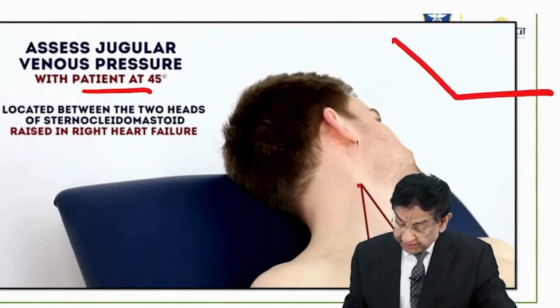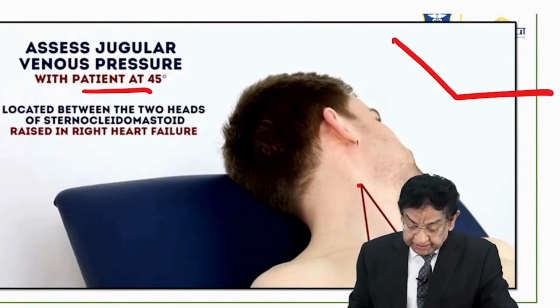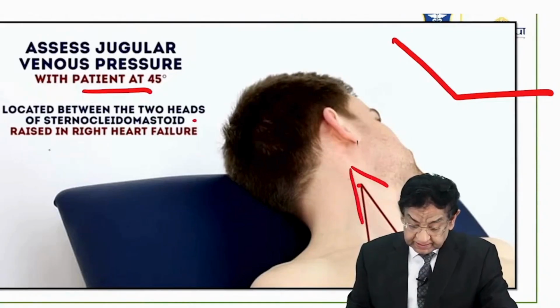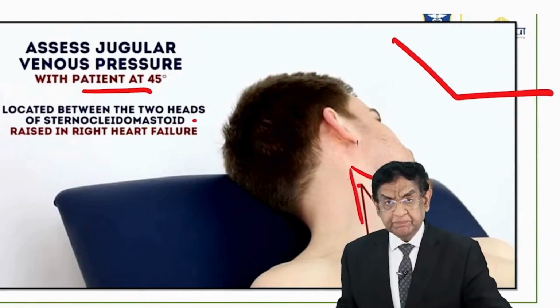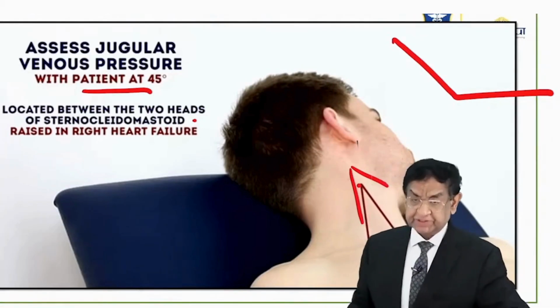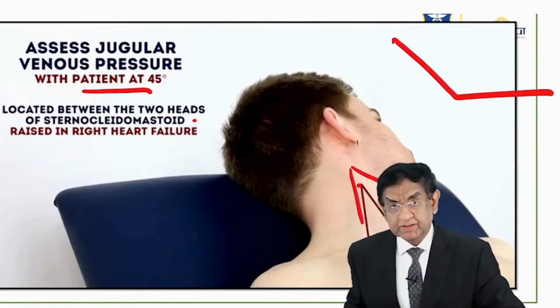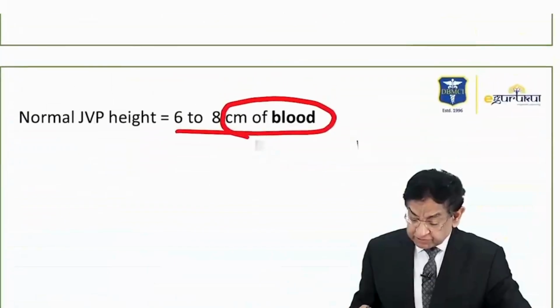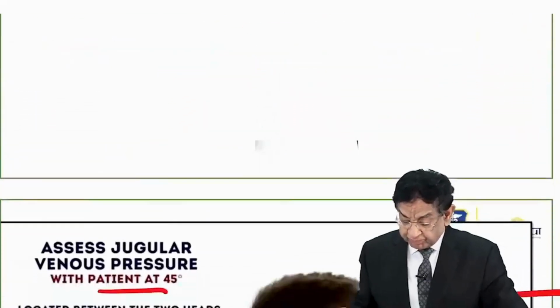And we try to locate it between the two heads of the sternocleidomastoid. Nobody is going to ask you this question, but positioning is important. I said 6 to 8 centimeters of blood.